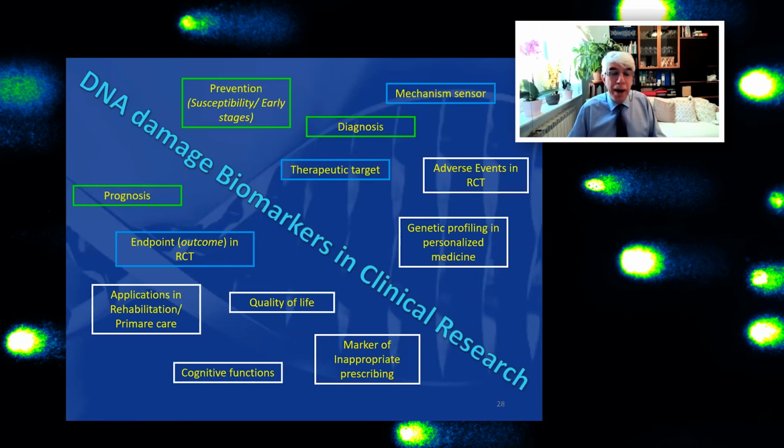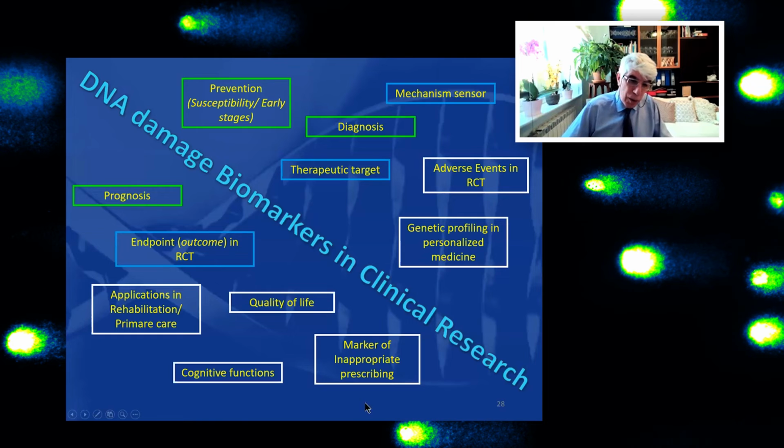When we are talking about DNA damage in general, such as single strand breaks or oxidative damage, it is something very general, and the influence of these events on long-term effects can be really, really important.